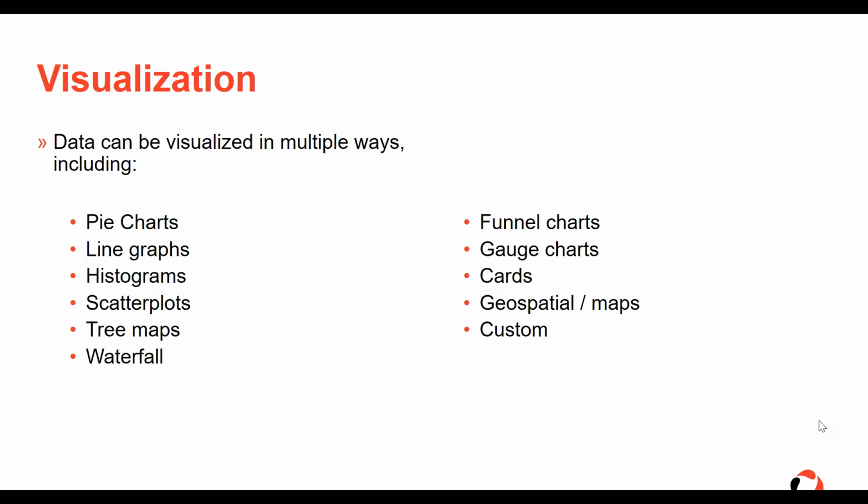And there's some really cool ones around geospatials and other ones. So do you want a map of your services? That's being able to show your board or show your staff where all the services are being delivered from.